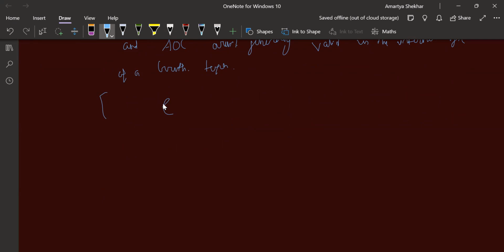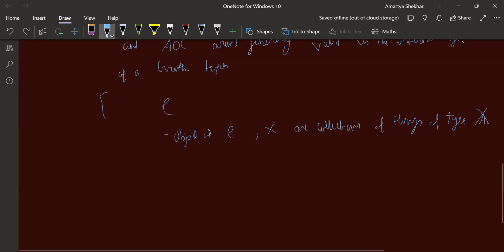The objects of C, say X, are collections of things of type X. This is a very rough description, just to give an idea; I don't need to be complete.